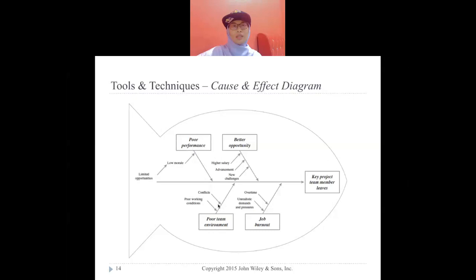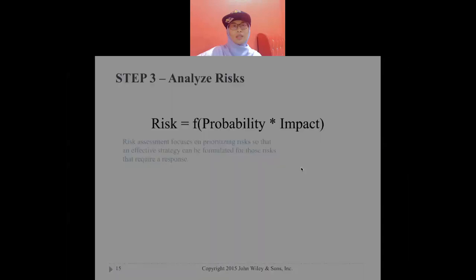Poor team environment, conflict, poor working condition. This means cost; the cost is these four boxes. What is the cost? The effects are conflict, working conditions, cost, job burnout. The effects are overtime, unrealistic demand and pressure. Key project team member leaves. This is the heavy one.